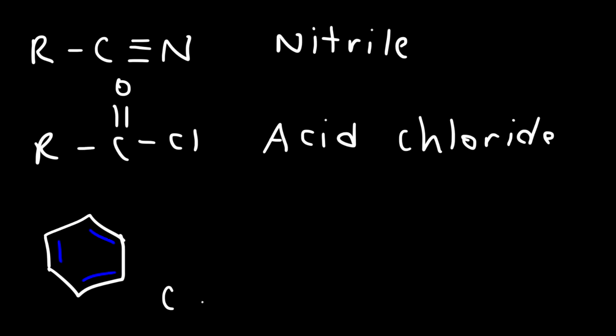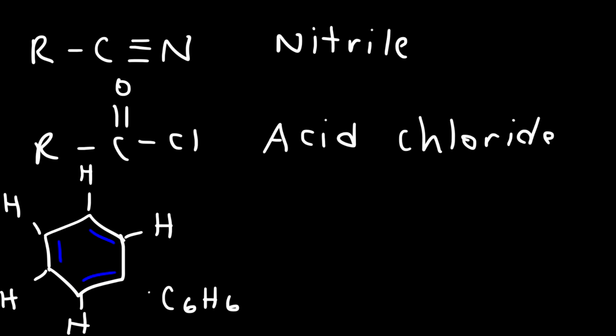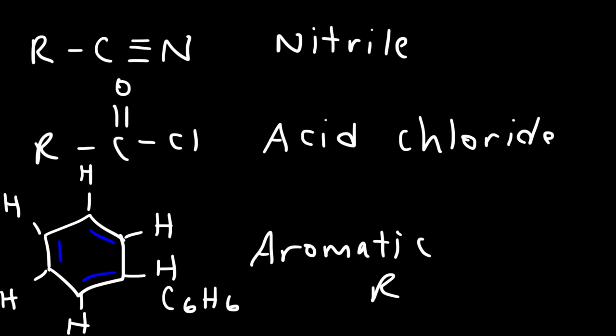So this benzene ring, the formula is C6H6. Every carbon atom has 1 hydrogen atom attached to it. So that's a benzene ring, also known as an aromatic ring. So those are some other functional groups that you want to add to your list.